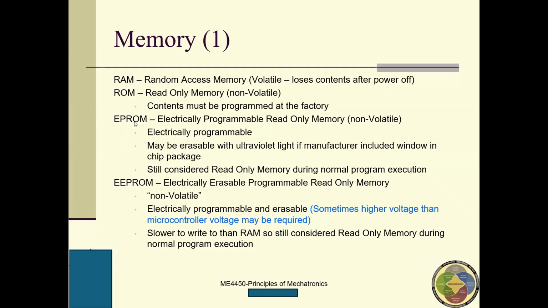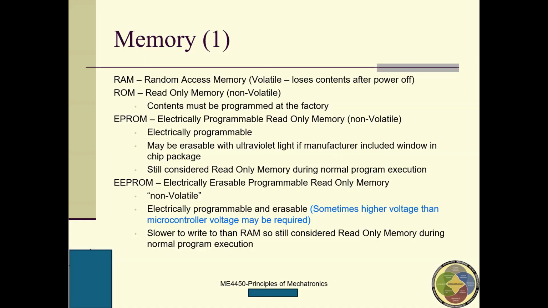EPROM is electrically programmable read-only memory, and EEPROM is electrically erasable programmable read-only memory. They are relatively non-volatile, okay? But you can still use some device to erase the program, and then you write the new program.